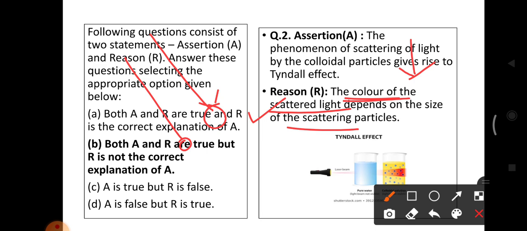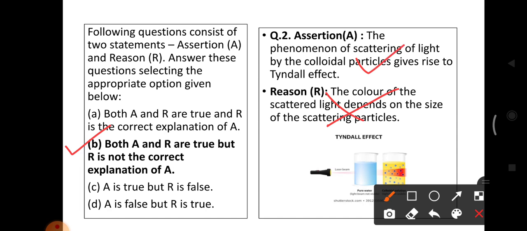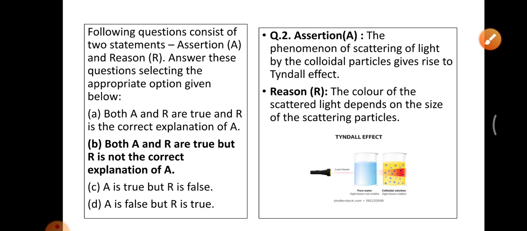The color of the scattered light depends on the size of the scattering particles. We already learned that blue color, the shorter wavelength, is always scattered by smaller particles. Larger particles always scatter the longer wavelength. Both A and R are true, but R is not the correct explanation of A. Both the sentences are correct.